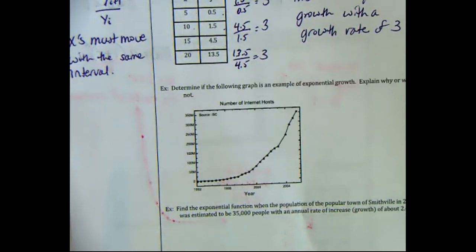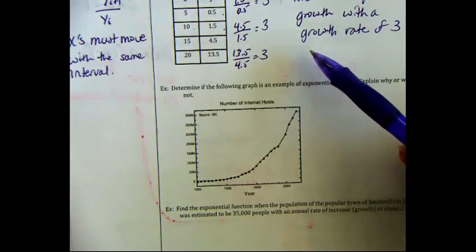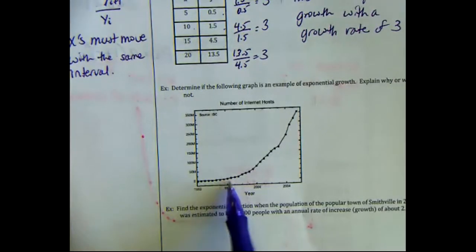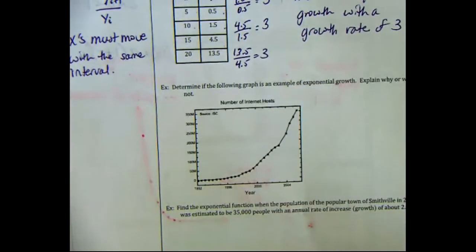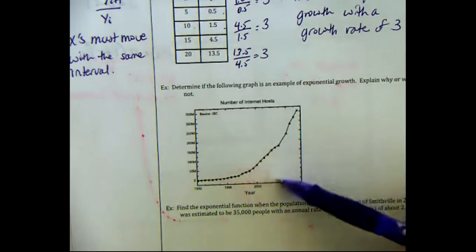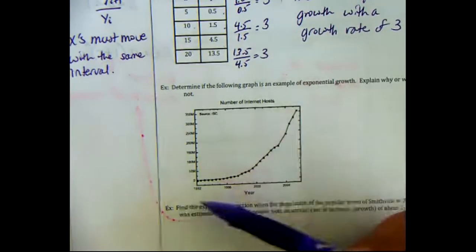So usually exponential functions, right? There is a slower paced growth followed by a very sharp increase. Okay. So we have something that's very consistent, and then all of a sudden we have it shoot up. Okay. So if you can see here between just these few years, we've increased quite a bit significantly.